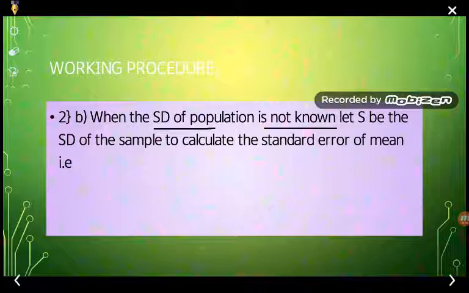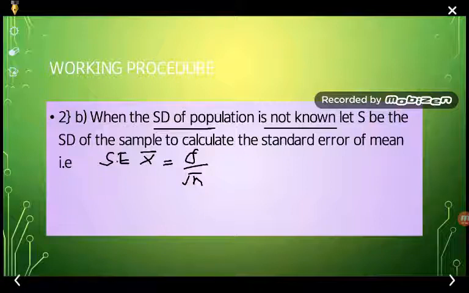So we can write SE, standard error of the mean, is equal to sigma, meaning standard deviation, by root n. This is the normal formula in order to find out the standard error.